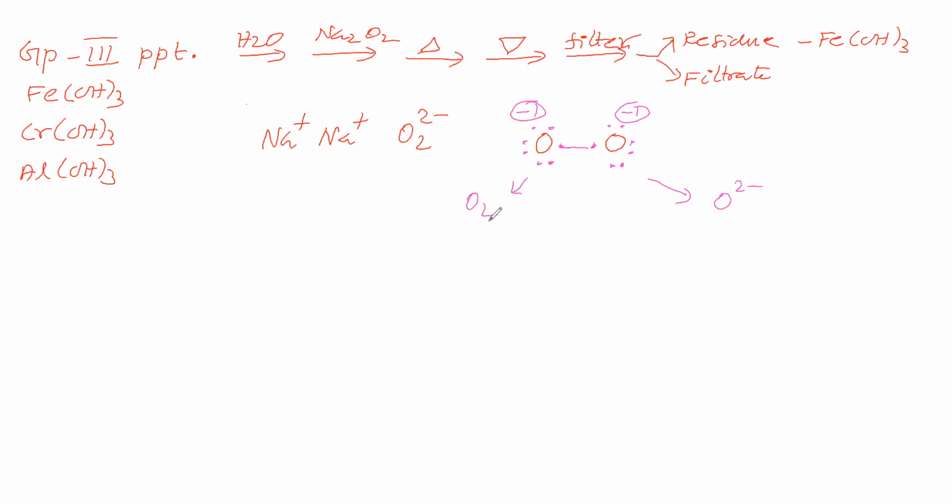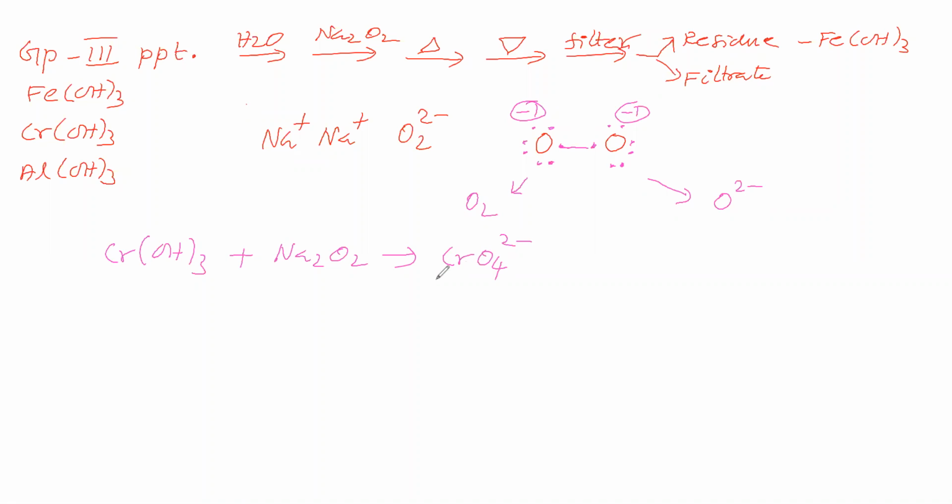Now, what will happen with this Cr3+ and the peroxide? This Cr(OH)3 is a green precipitate. With sodium peroxide, the chromium becomes CrO4 2-.